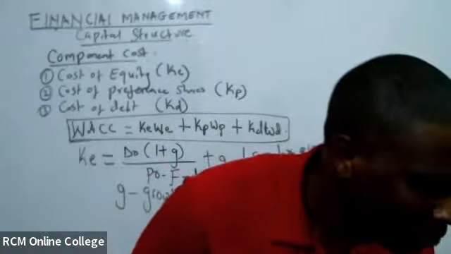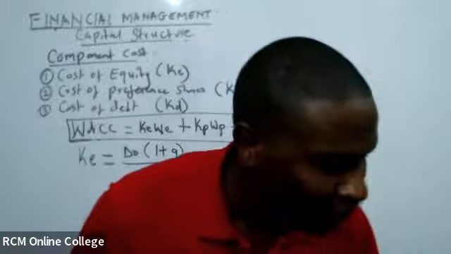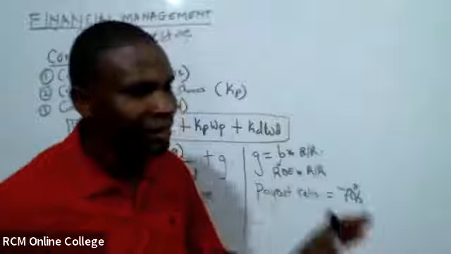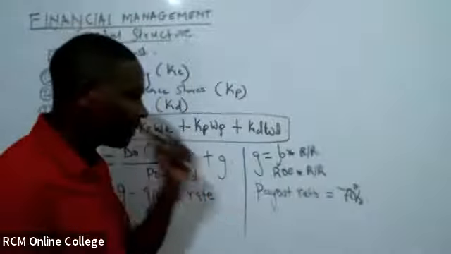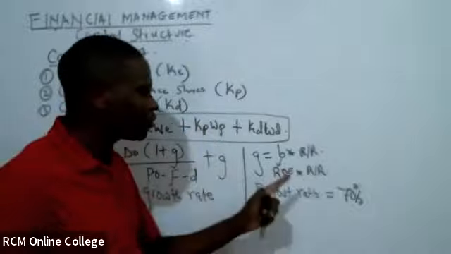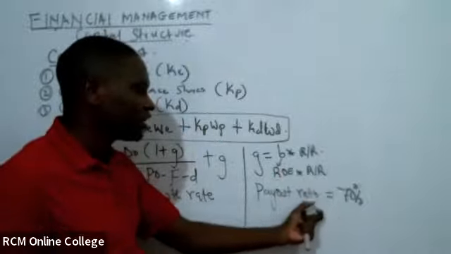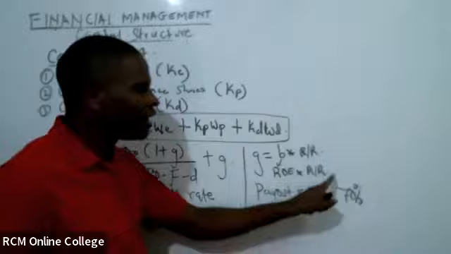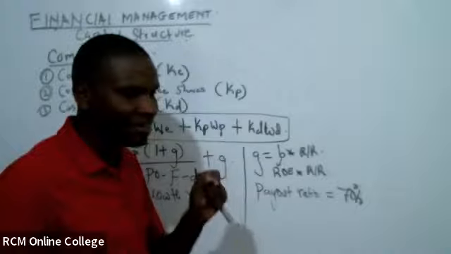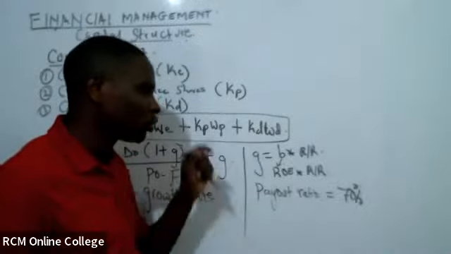Everyone is saying 30%, or 0.3. So in that case whereby the payout ratio is given, the retention ratio is easily known. You can easily get that.